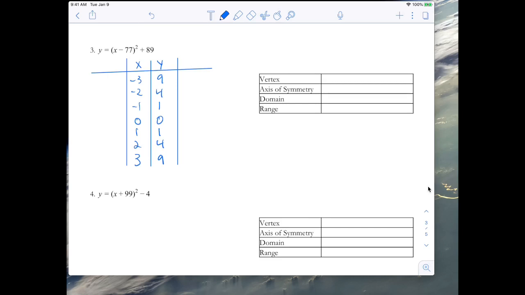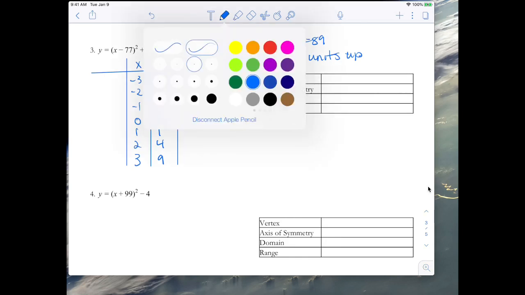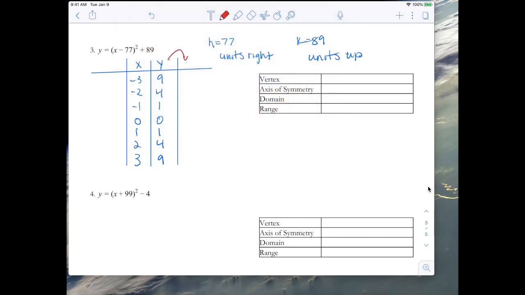What I need to recognize here is that h is 77, it's not -77, so I'm going 77 units to the right. And I know that k is 89, meaning 89 units up. So in my table I'm going to make sure that I add 89 to all of my y values and that I add 77 to all of my x values, and that's about it.